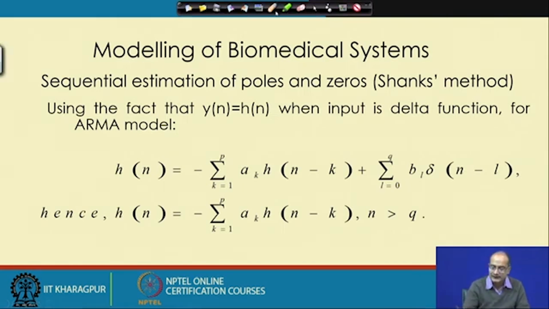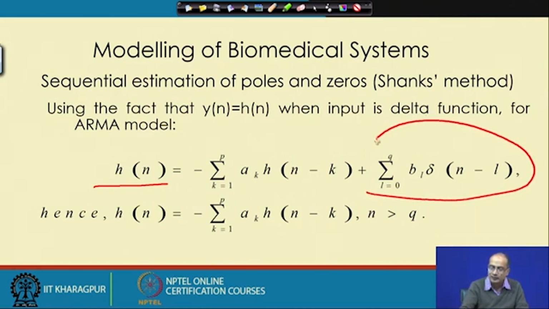For n equal to 0 to q, this equation will hold, and when n becomes more than q, none of the MA terms will be present, all of them would be 0. So, we can drop this part and it becomes a simple equation like this.